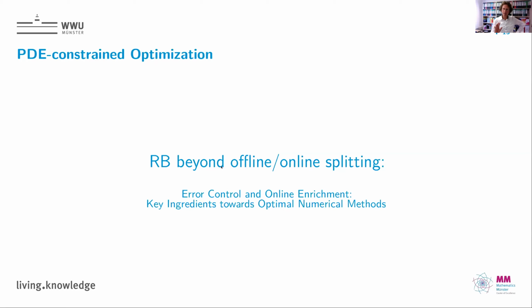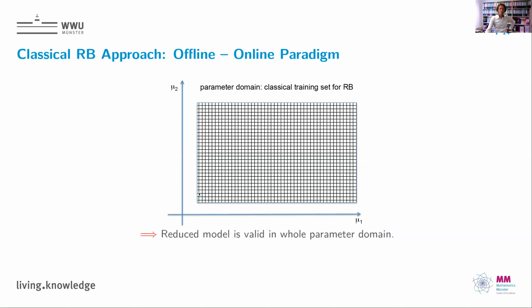I just want to make this idea clear for optimization problems by hinting you to this classical paradigm. So think of a PDE system that is parameterized here with two parameters, mu1 and mu2. So for every choice in this two-dimensional parameter space, I want to solve a PDE. And this is just a simple toy. You can also think of a very high dimensional parameter space, a 10 or 100 dimensional or even 1,000 dimensional space.